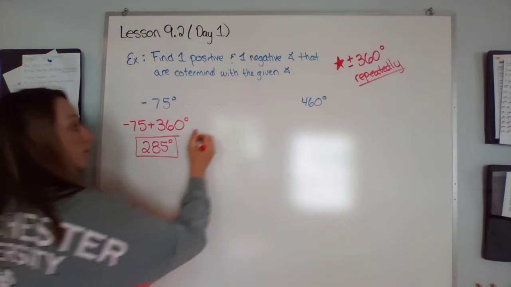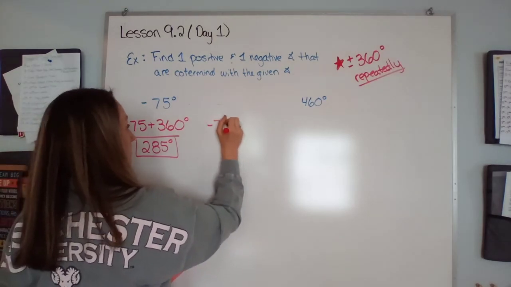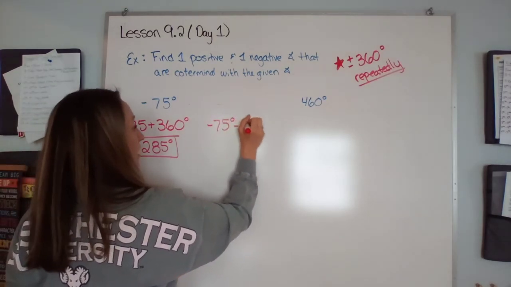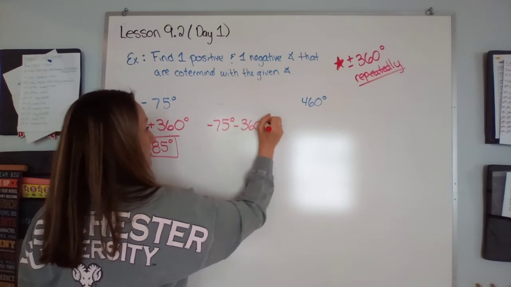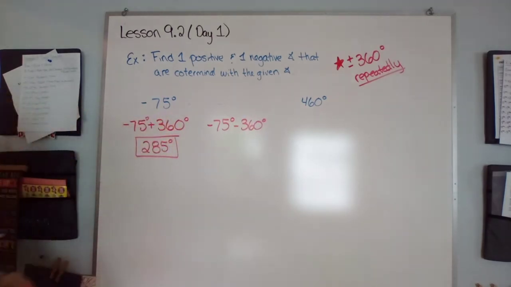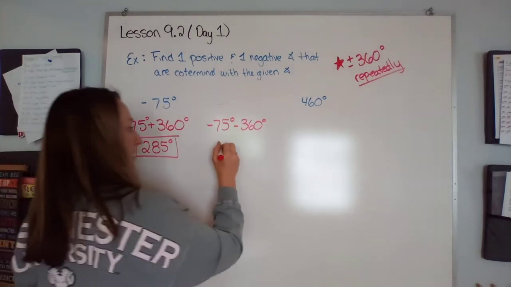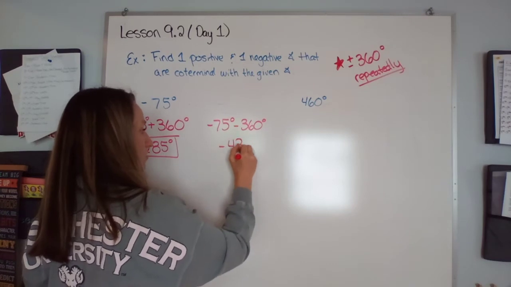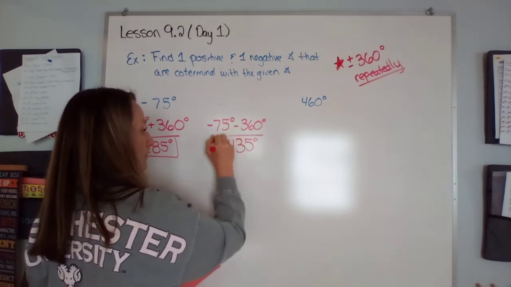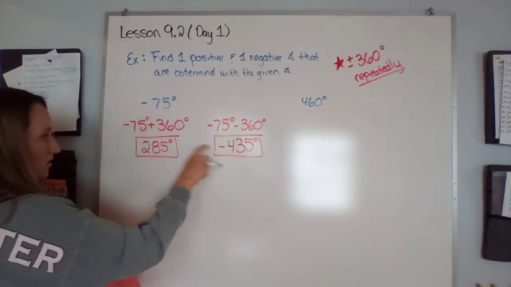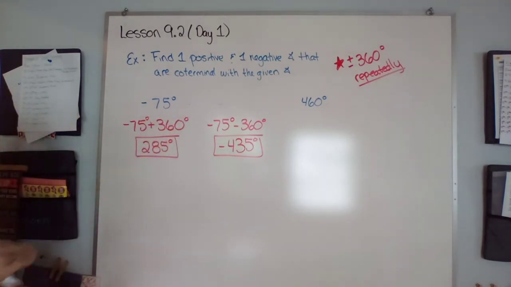All right, I also want one negative, so I take the given angle and I subtract 360 from it. Is that going to give me a negative angle measurement? It will. Negative 75 minus 360 is negative 435. So that is another coterminal angle. All right, if I was to sketch this angle, that angle, their terminal sides all land in the same spot.